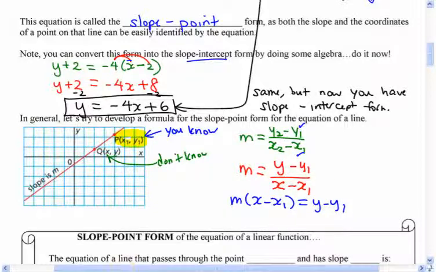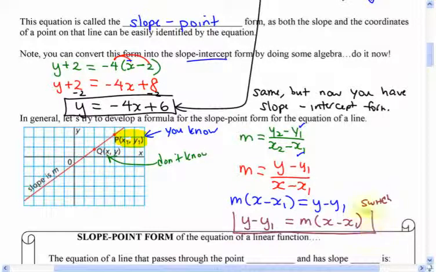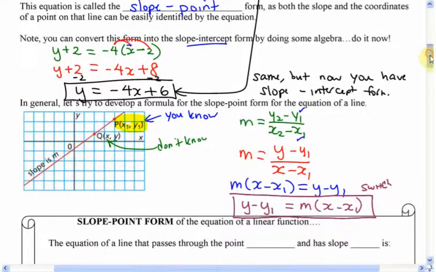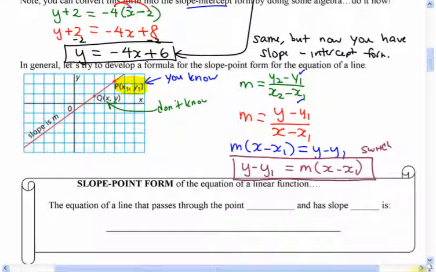And then once again, people in math like putting the y's on the left side, so I'll just switch it. And ladies and gentlemen, here's the lovely formula you need to work with today: y minus y1 equals m times x minus x1. This is the big thing for today.